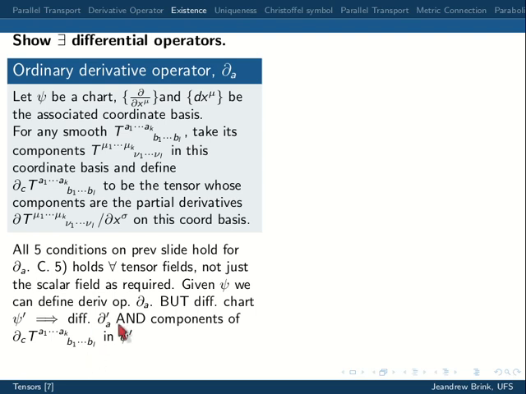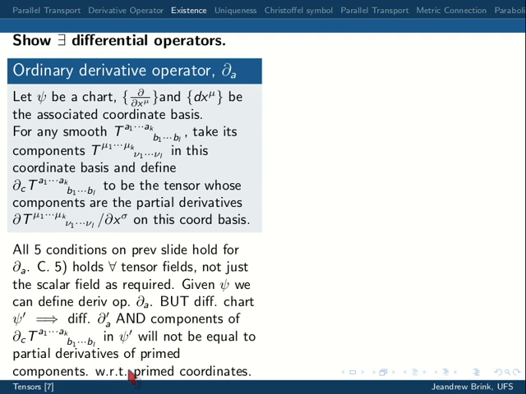What's also going to be true is the components in the new chart are not equal to the partial derivatives in the old chart, or the prime chart. So you can't just work out the derivative operator in this chart and then transform it into a new chart and think that it's going to be related to the new derivative operator. It just doesn't work. So even though we have something that obeys all the axioms, we are clearly still missing something.